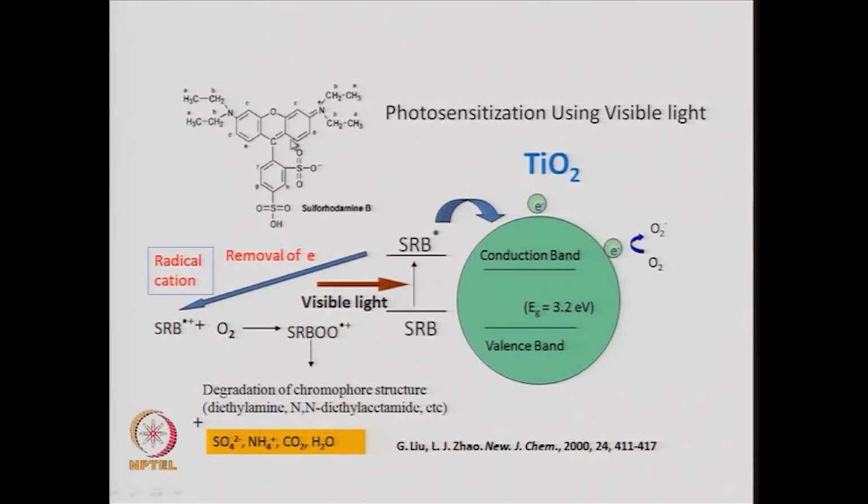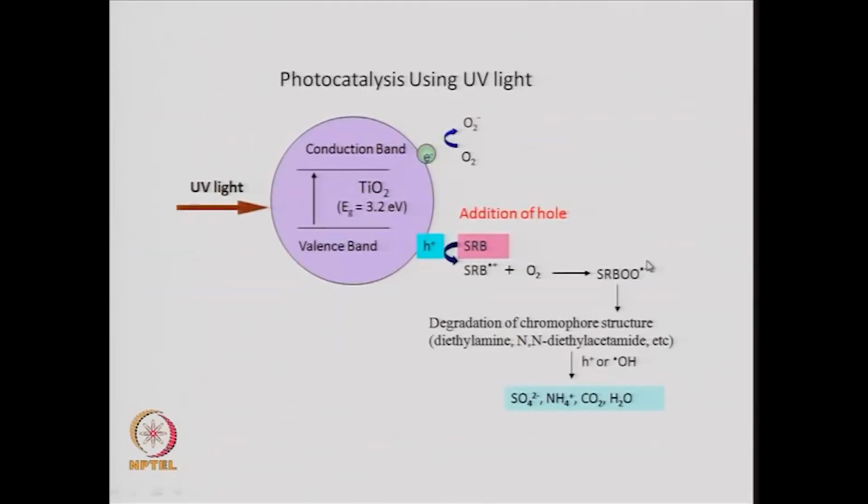And then this was dye sensitization. So, an organic dye is used which has particular energy levels which can accept visible light, and hence visible light photocatalysis can be observed using sulforhodamine B as an example, and the electrons in TiO2 can further reduce other agents.